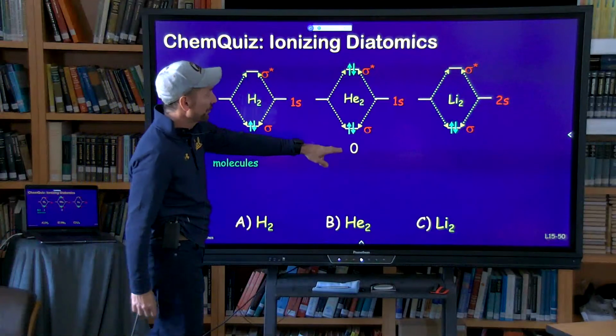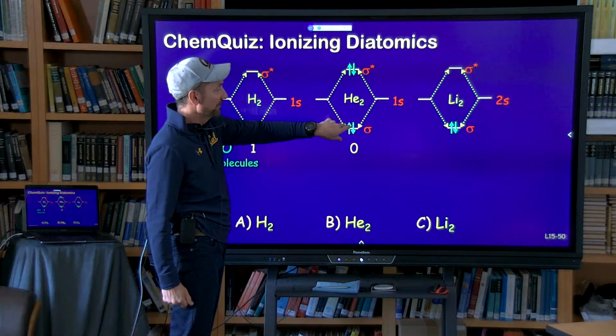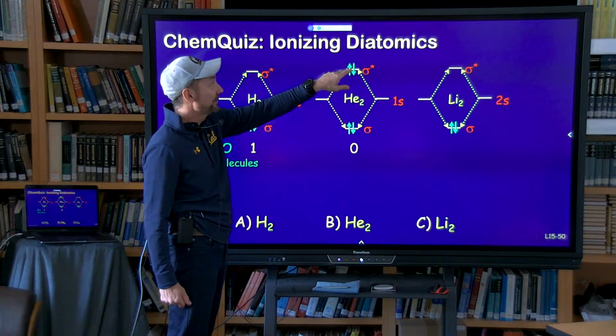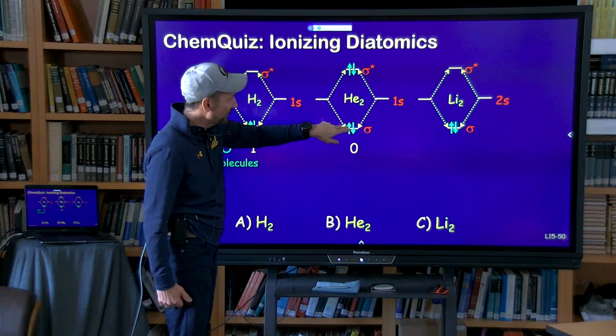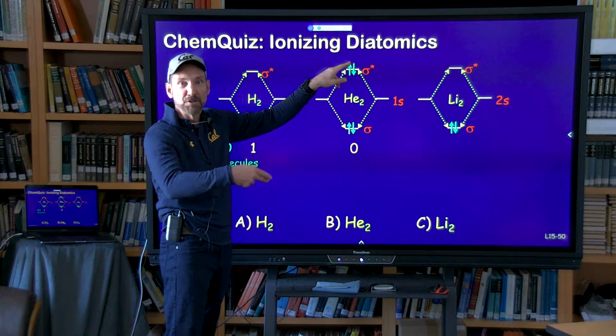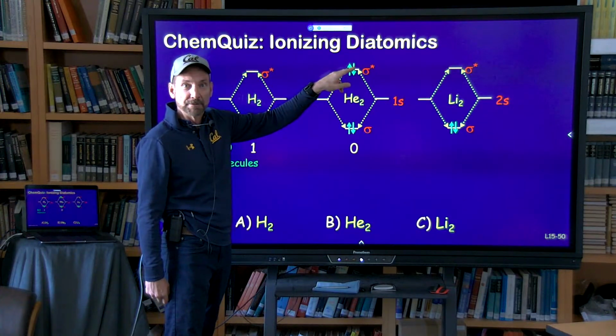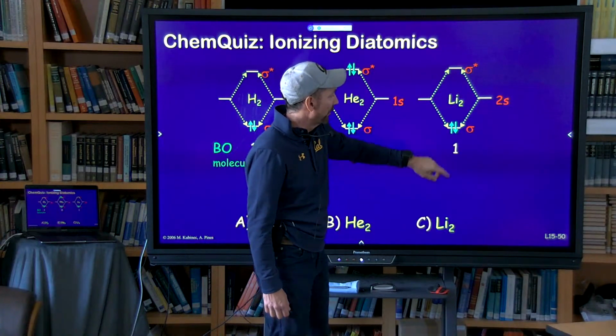How do I get the bond order here? Well, there's a bonding orbital there, but the antibonding electrons cancel them out. So take bonding electrons minus antibonding electrons and divide by 2 to get the bond order. Lithium, also going to have bond order 1.